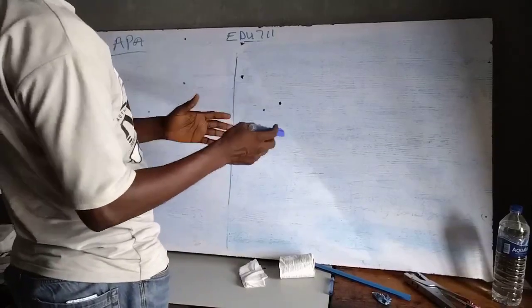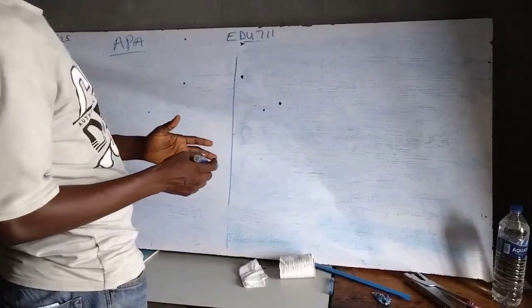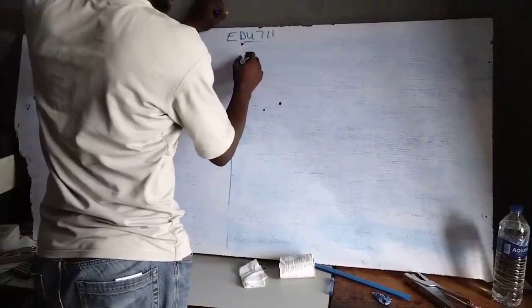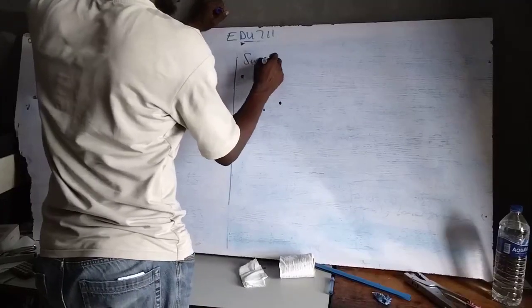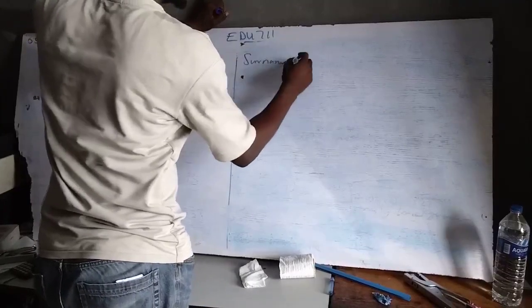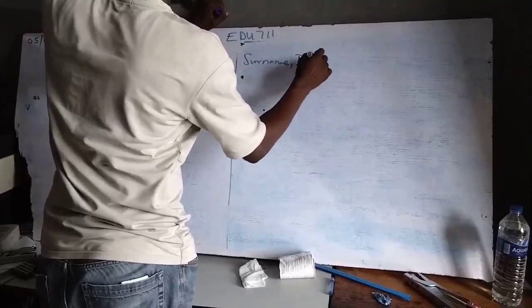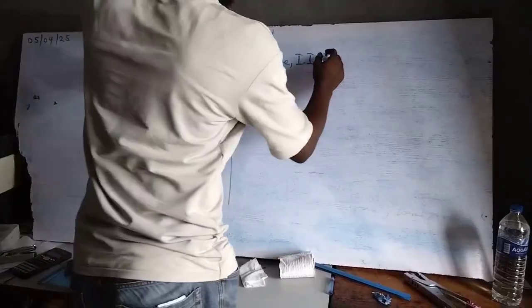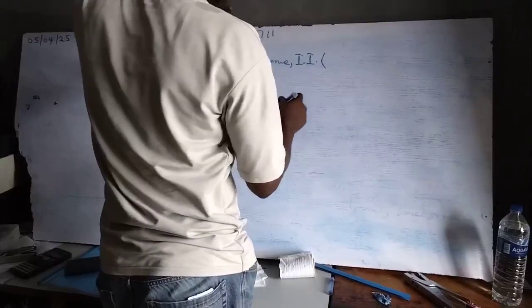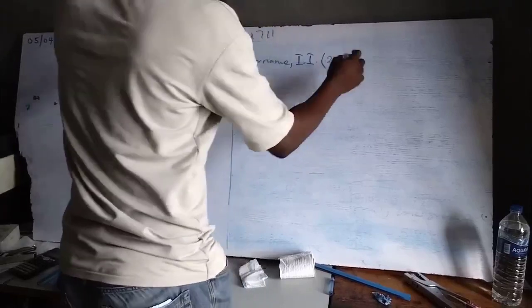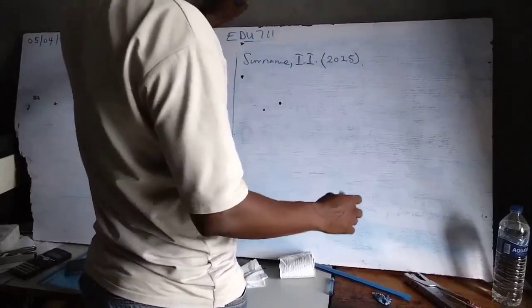So if you are to reference a published book, you start with the author's surname, comma, initial, dot, if it is two initials, dot, then open bracket, year of publication, this is 2025 for instance, then full stop, then the title of the book.